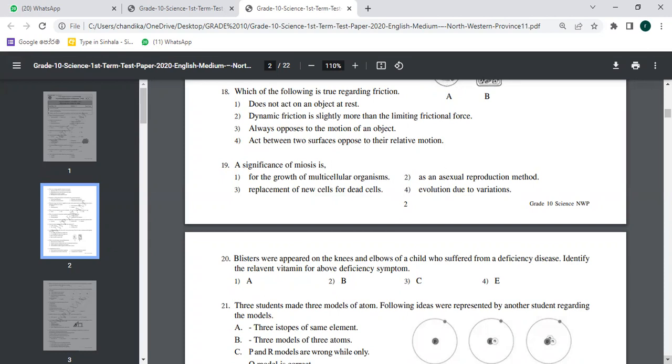Always opposes the motion of an object, right? I mean the friction. That is also a little bit true.